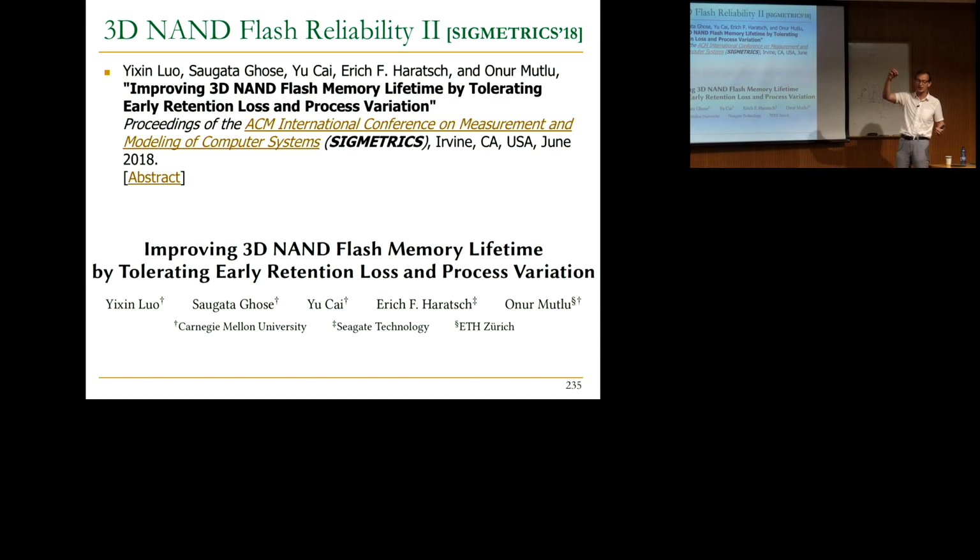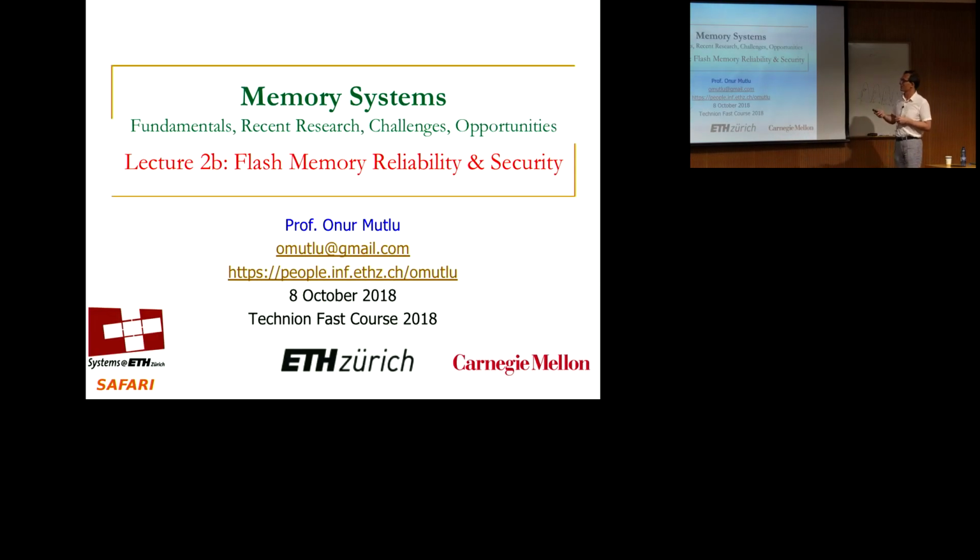You also have errors that are influenced by the vertical stacking of the cells. Actually, here we, for example, characterize that process variation that you have because of the vertical stacking. And there's this phenomenon called early retention loss. After you program a cell, you lose retention very, very quickly at the very beginning. How do you handle that becomes interesting. But I'm not going to talk about that.